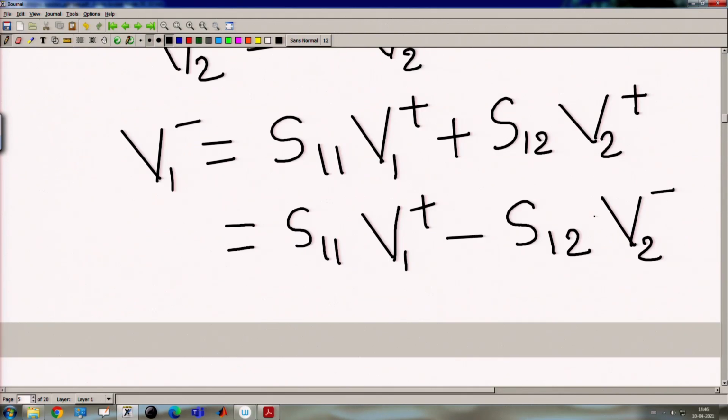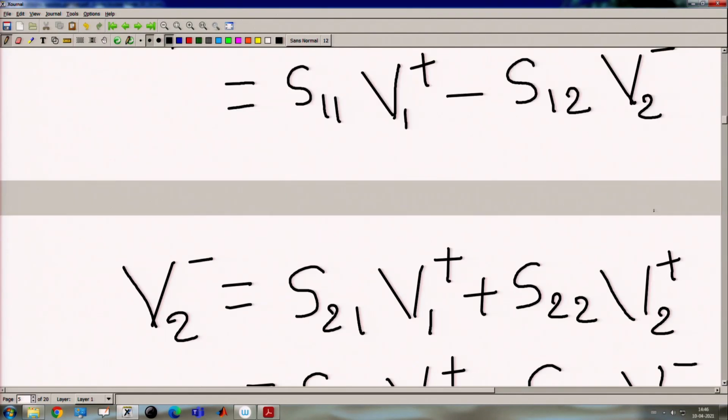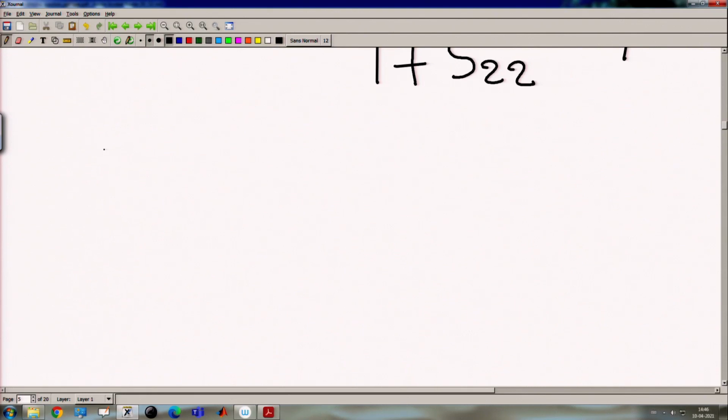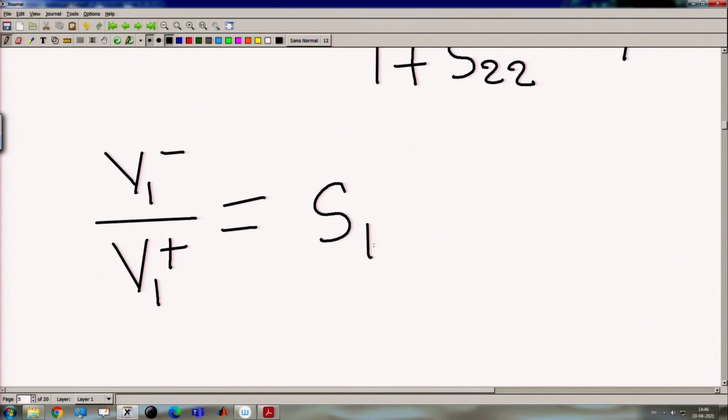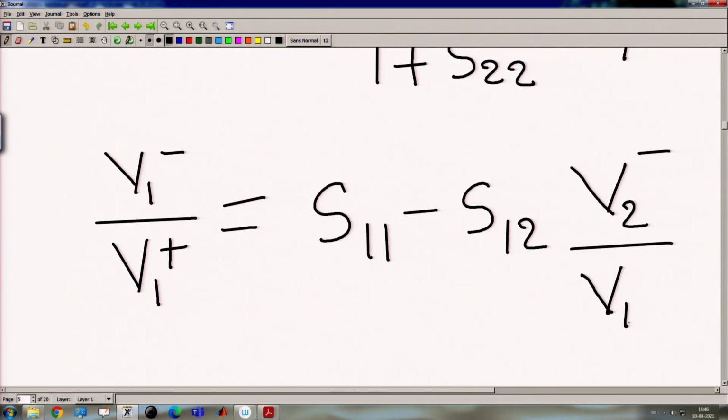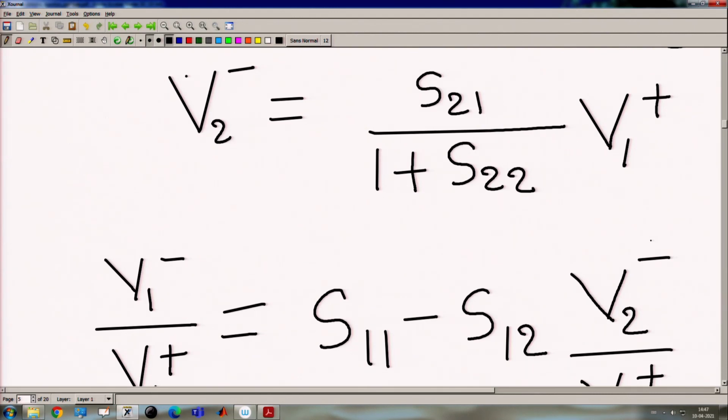Now, we divide the first equation, V1 minus equal to S11 V1 plus minus S12 V2 minus, by V1 plus. This gives V1 minus divided by V1 plus equal to S11 minus S12 into V2 minus divided by V1 plus.